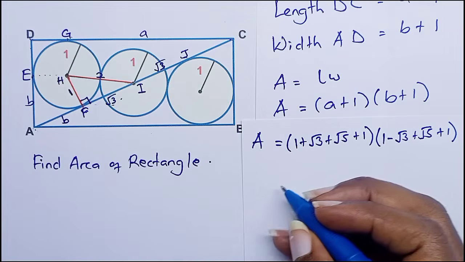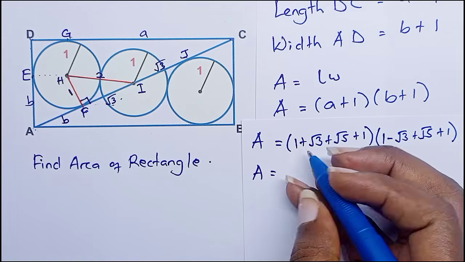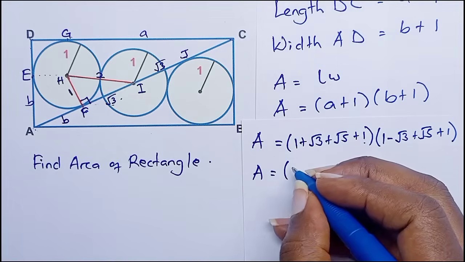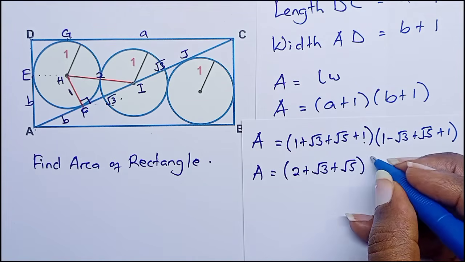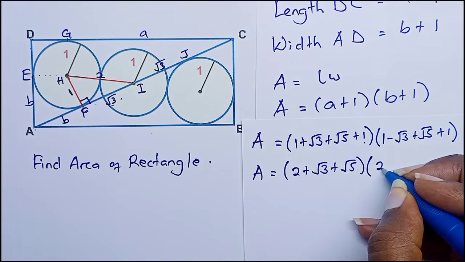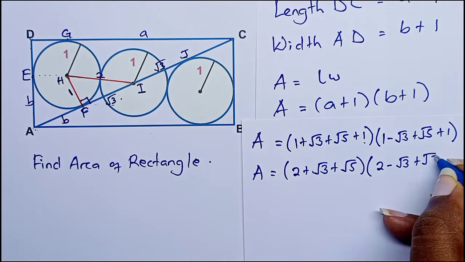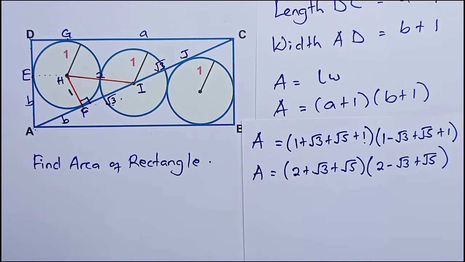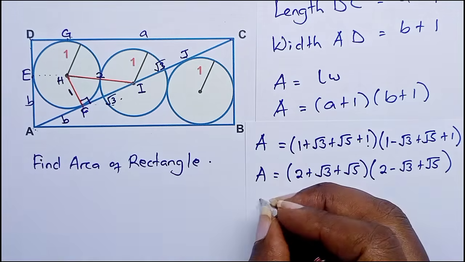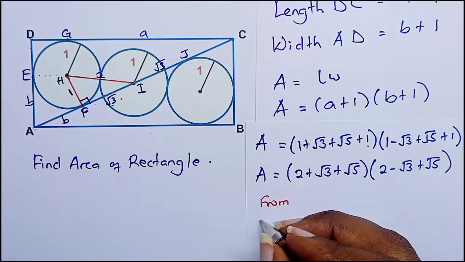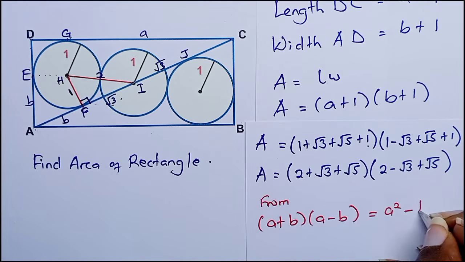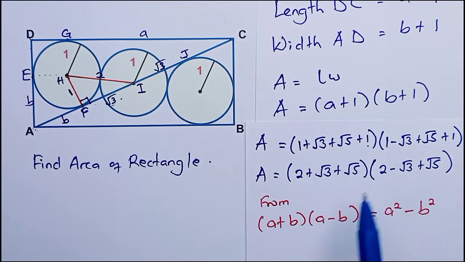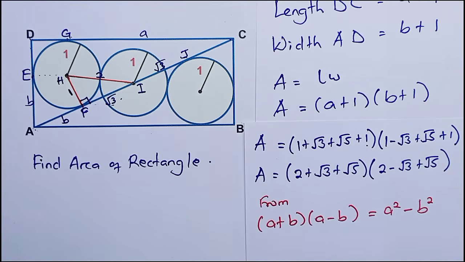Okay, so A is equal to 1 plus 1 is 2, so 2 plus root 3 plus root 5 into 1 plus 1 is 2 minus root 3 plus root 5. Now we know that A plus B into A minus B is equal to A squared minus B squared.